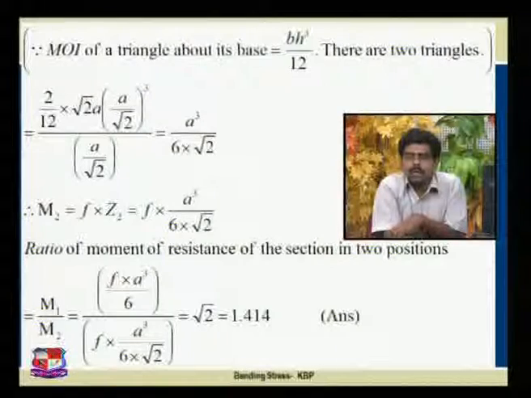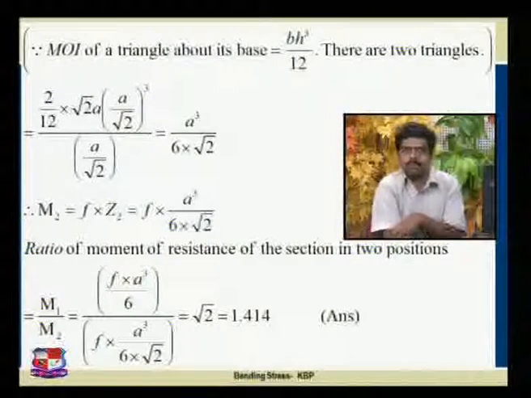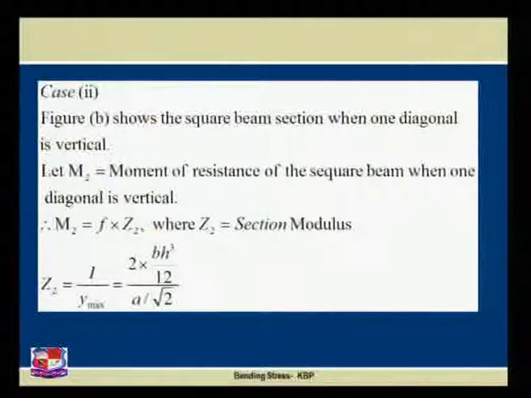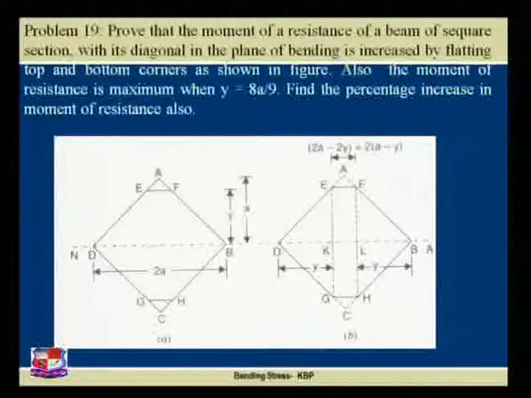Now let us proceed to the next problem. I will read the data first. Prove that the moment of resistance of a beam of a square section with its diagonal in the plane of bending is increased by flattening top and bottom corners as shown in the figure.